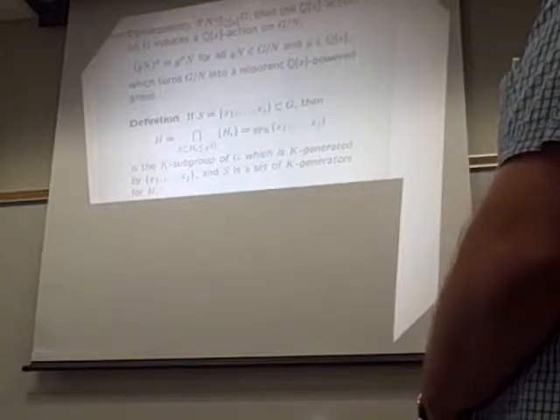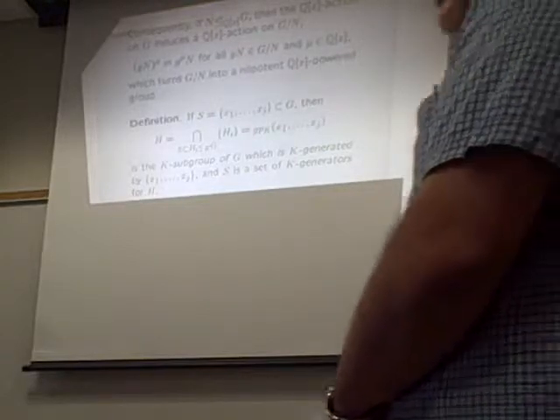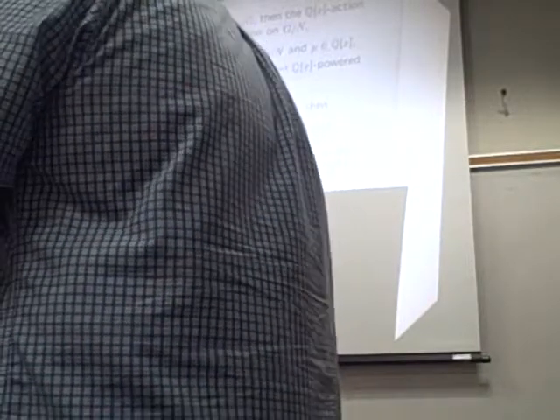So intersections of such things, as I pointed out, are really K subgroups again. And these x's inside of S are what are known as K generators. Okay? So we all know what that is, I'm assuming. You generate a subgroup.